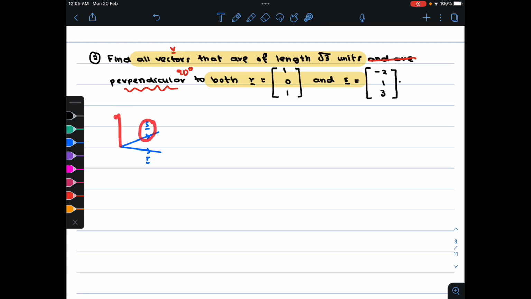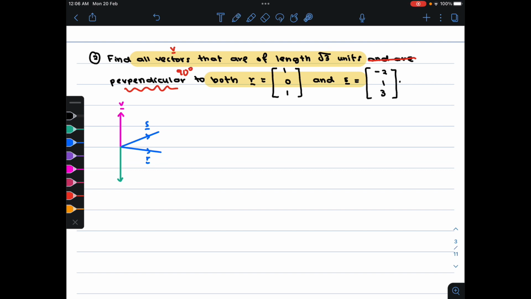So it's either go up or go down. So the vector that is perpendicular to both of these vectors should be the same, which is goes up or goes down. But this time we want all vectors V, which means we want the vector that is perpendicular to both of these and goes upward as well as downward as well.